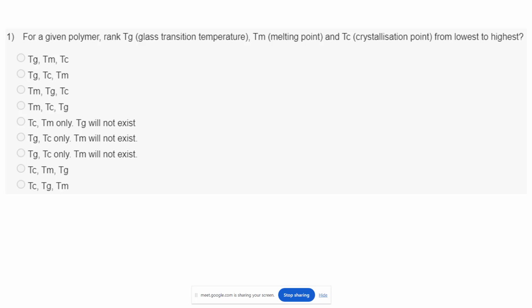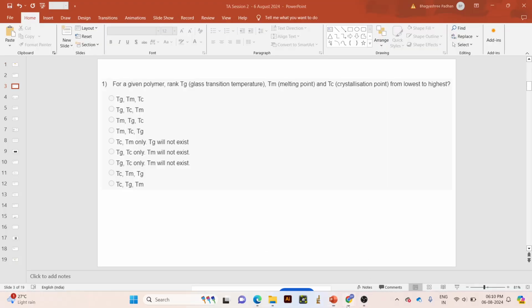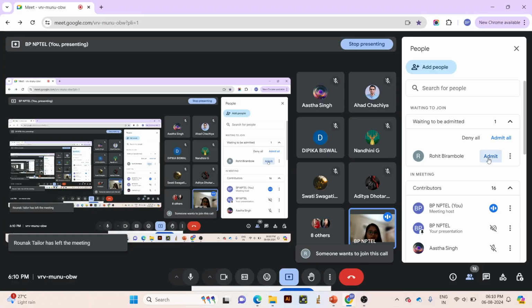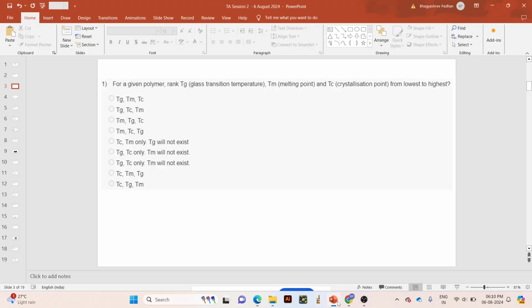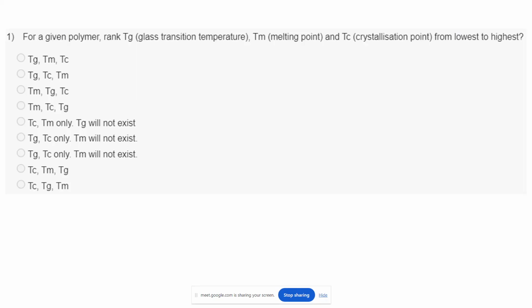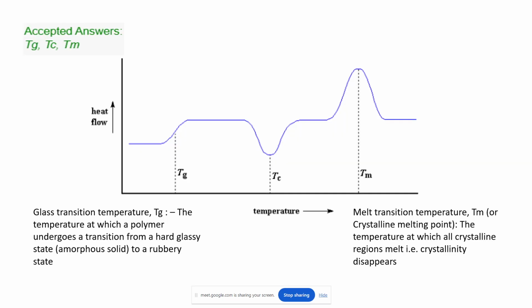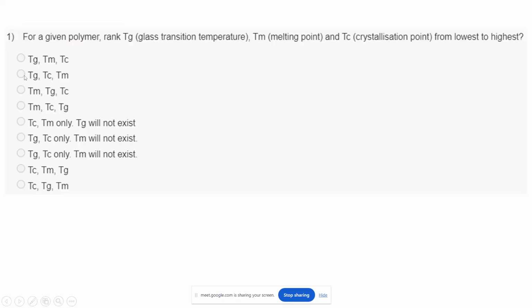You have to rank the temperatures from lowest to highest. Anybody? Anyone would like to answer? Okay, so this will be the answer: Tg, Tc, and Tm. This second option.